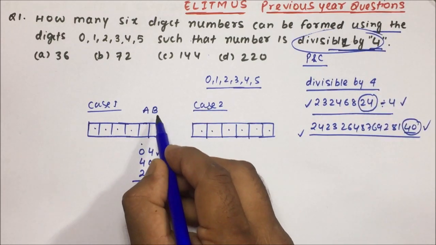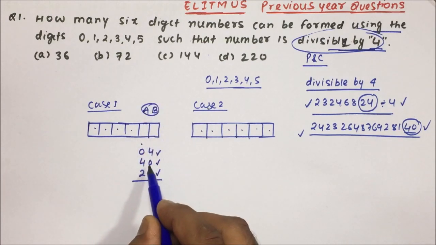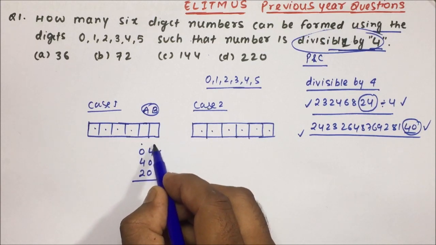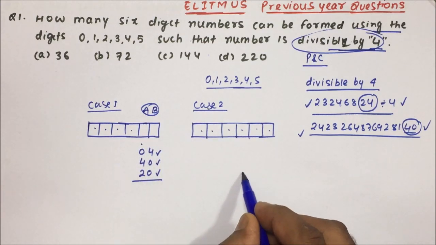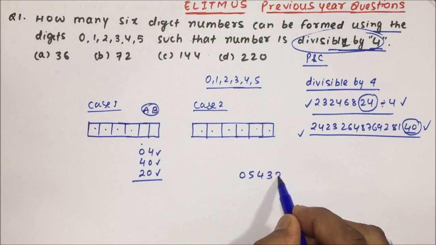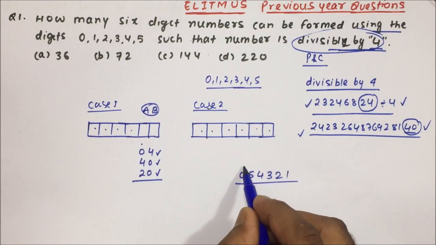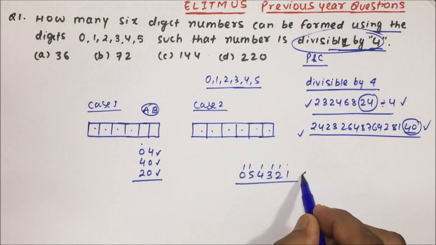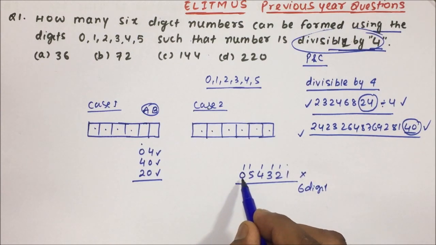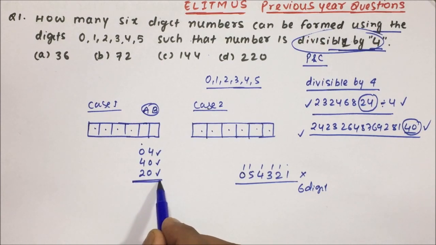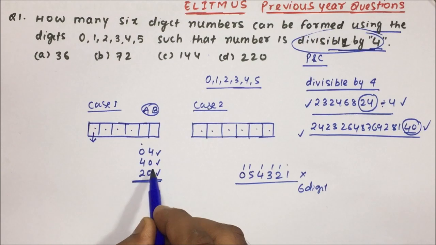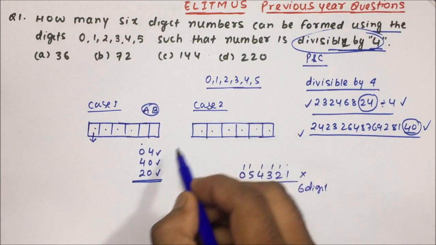In case 1, I have combined 0 with this, because if 0 is at the first place, suppose I have a number like 0, 4, 5, 3, 2, 1, it is not a 6-digit number, because 0 is coming at the start. So I have fixed 0 at the end so that I can easily say I have a 6-digit number.